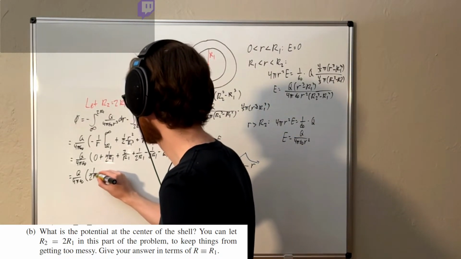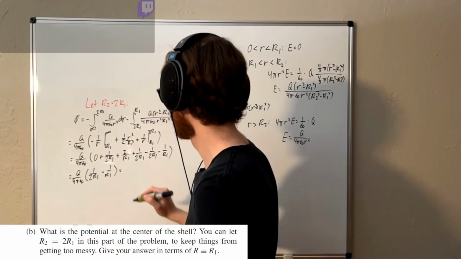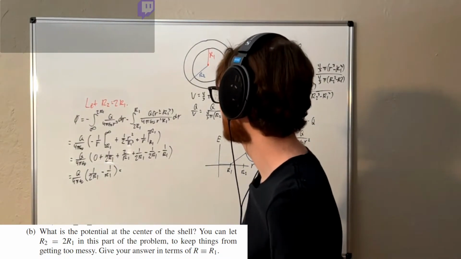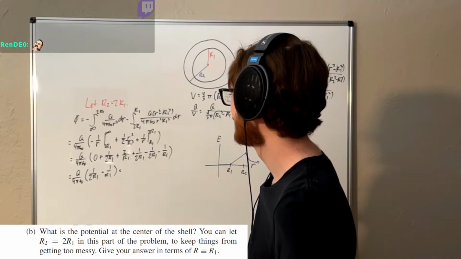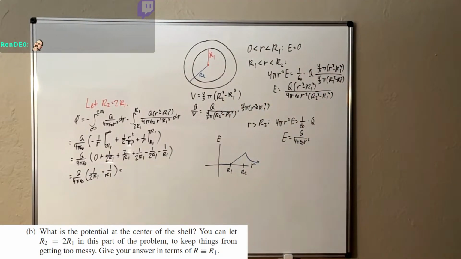One over 2r1 minus 1 over r1. Mistake? 7 r cubed in the denominator. Or 7 factor. Where is there a 7?